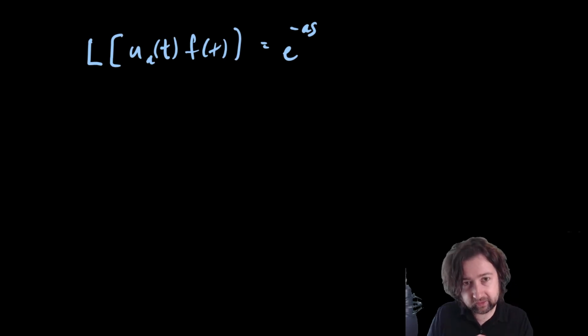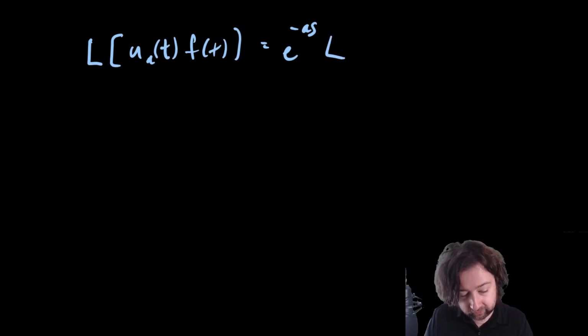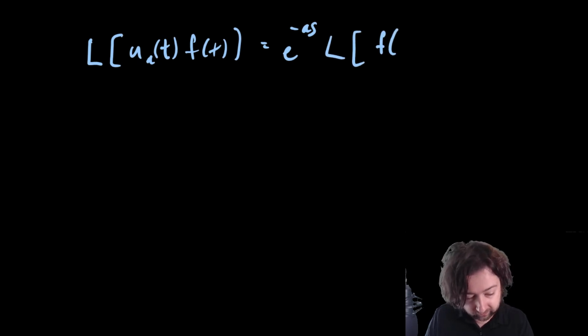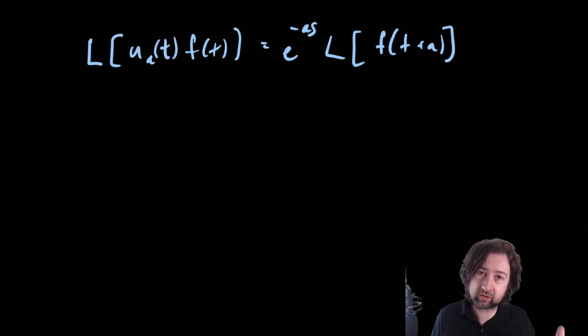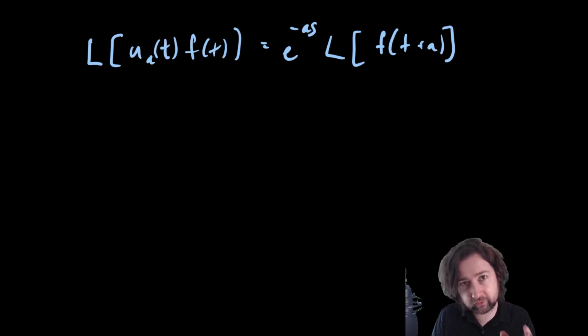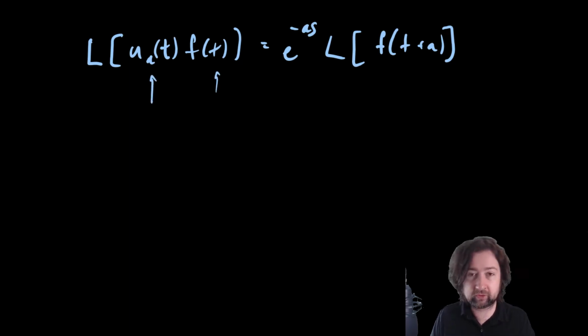The unit step turns into that e to the minus as, but then you take the Laplace transform of the shift of f. So it just incorporates that shift that should be there, because in the first version of the second shifting theorem, the a here has to correspond to the shift here.